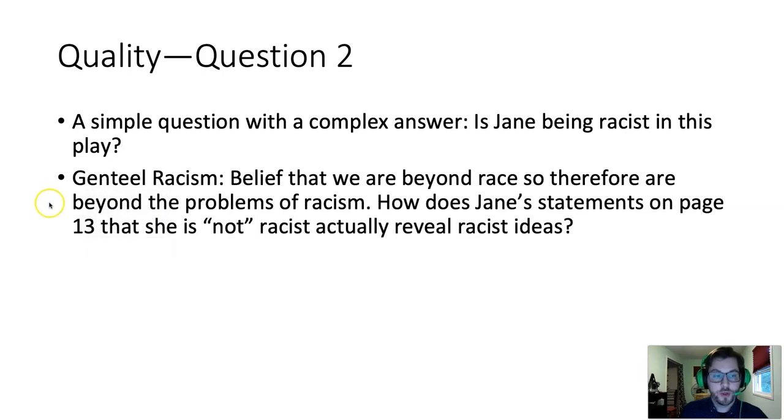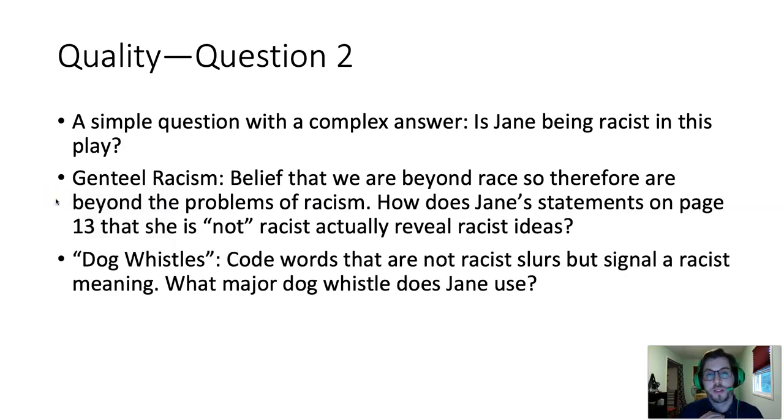But if we go a little deeper, we can see that Jane, throughout the play, is using what we call dog whistles. Dog whistles are coded words that are not racist slurs, but signal a racist meaning. It's a piece of figurative language. Dog whistles are taken from the item, the dog whistle, that if you are unfamiliar with, is a whistle that you can blow.